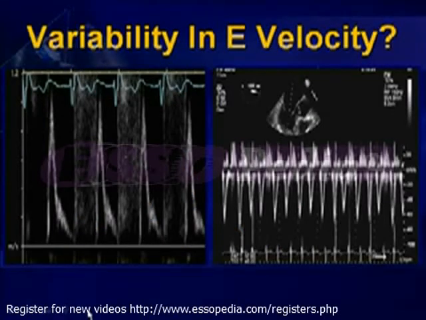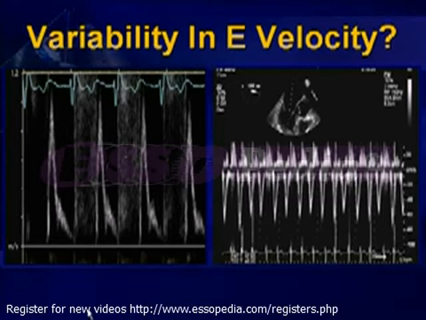Now, LV filling dynamics are very much dependent on the length of diastole, particularly when there's impaired LV relaxation. Therefore, with a shorter cycle length, ventricular filling depends more on a higher driving pressure, which will increase the E wave velocity. The opposite will occur with longer cycle lengths.